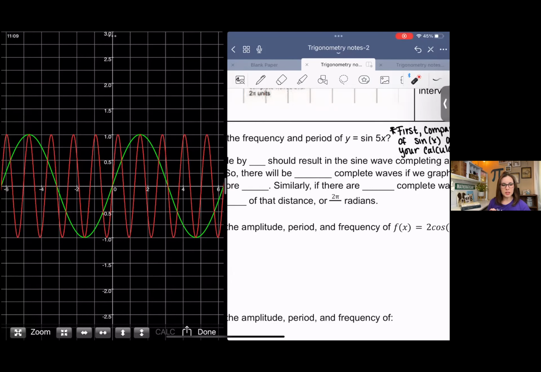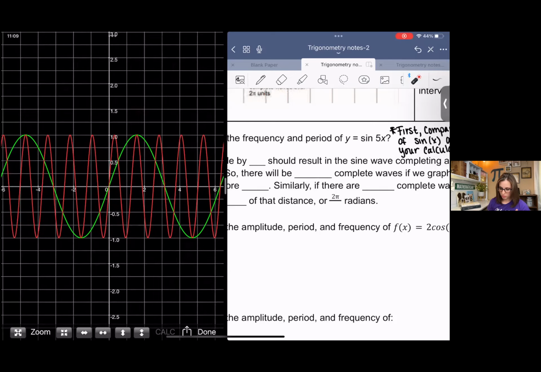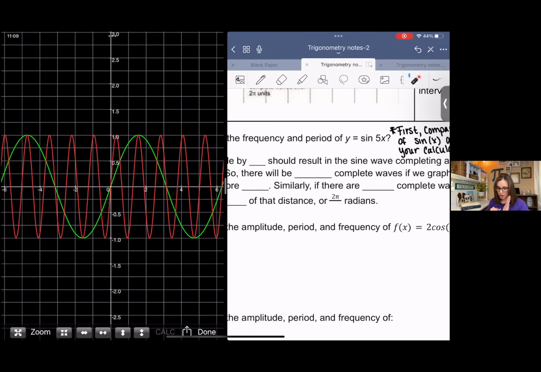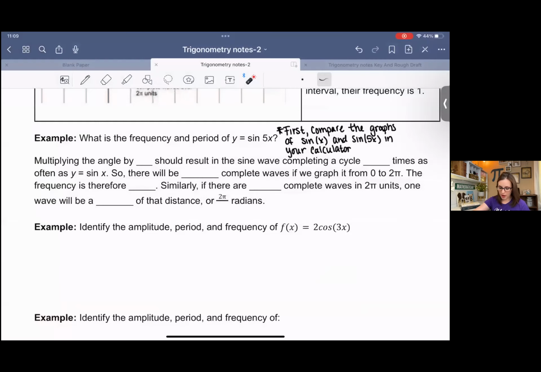The green one is sine x, and the red one is sine 5x. So you can see that I do have one little wave there. If you go from 0 to a little bit past 6, that's 2 pi. I have one full wave for sine x. And then for sine 5x, we've got 1, 2, 3, 4, 5 waves in the span of the original one wave. So sine 5x has 5 times the amount of waves within the 2 pi space.